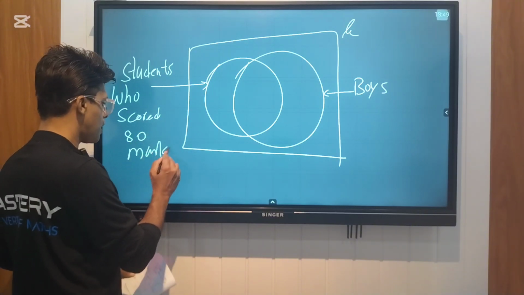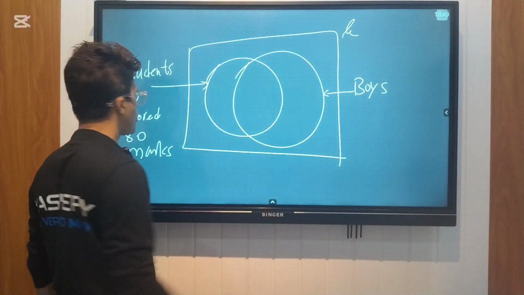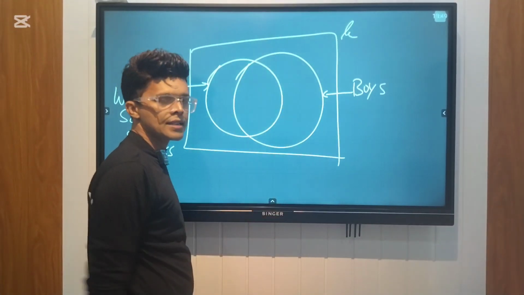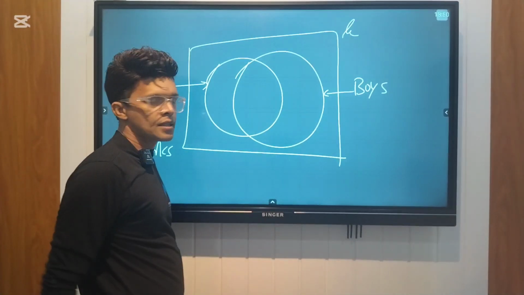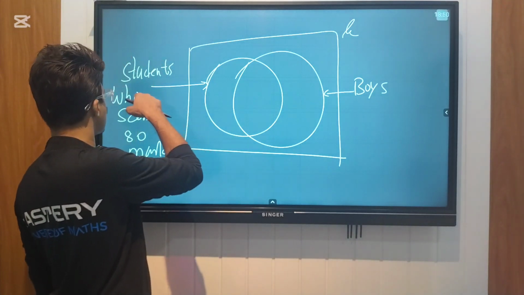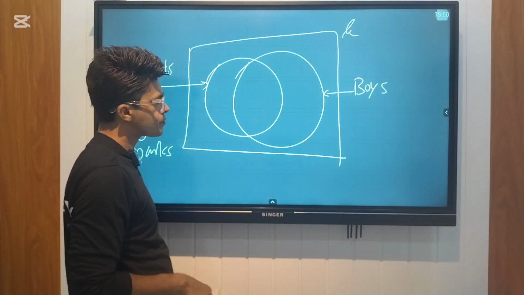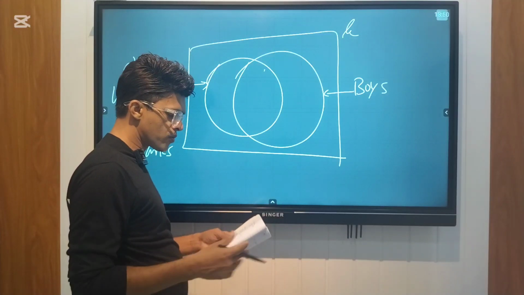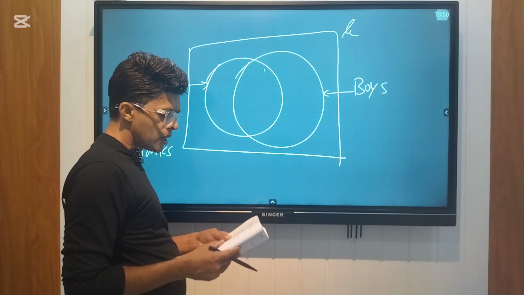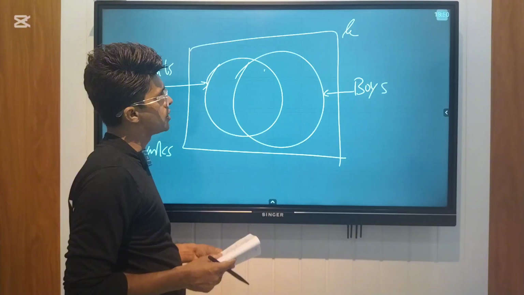Here it is given that in this circle there are boys. But here it says students who scored 80 marks. So what is the question? We need to shade the region of girls who scored 80 marks.